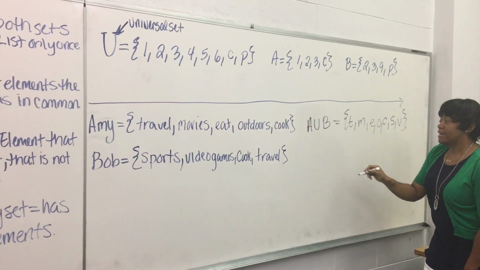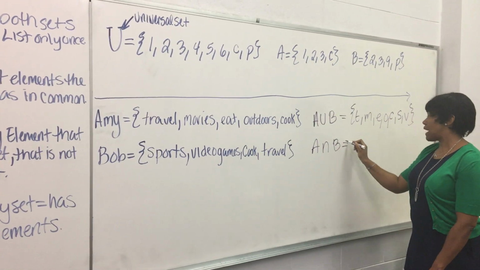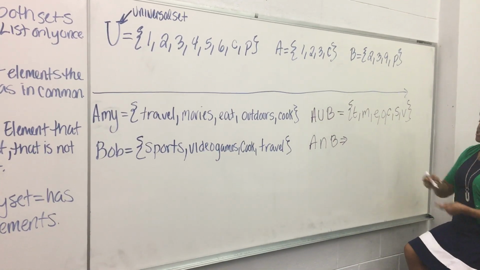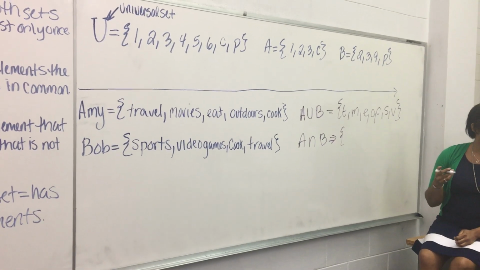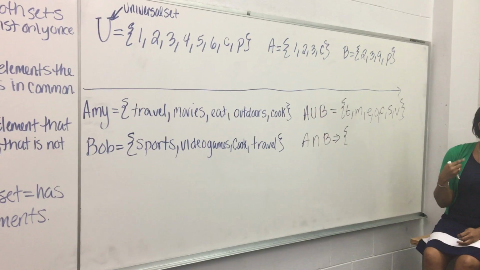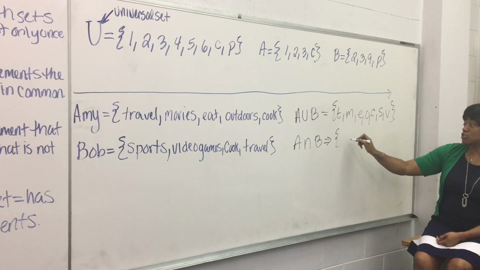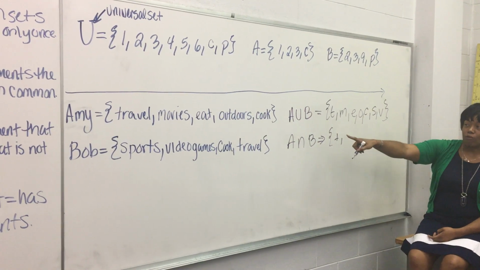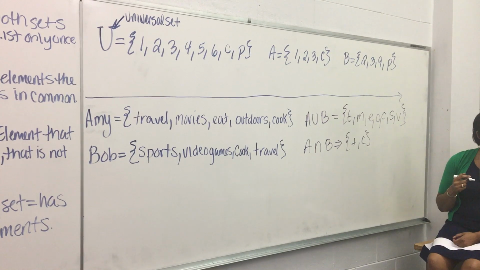Now, A intersection B, the upside down U, is the reason why Bob and Amy got together. There had to be something in common that they liked. So what did Amy and Bob like together? They both like to travel together, and they both like to cook together. And that is the reason why they got together, okay?